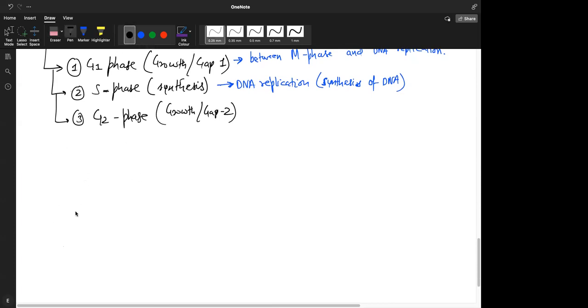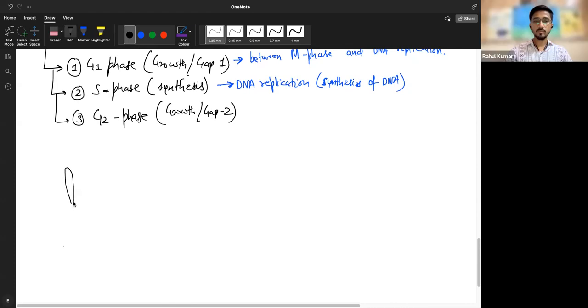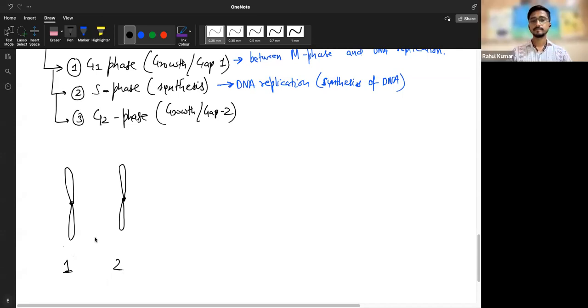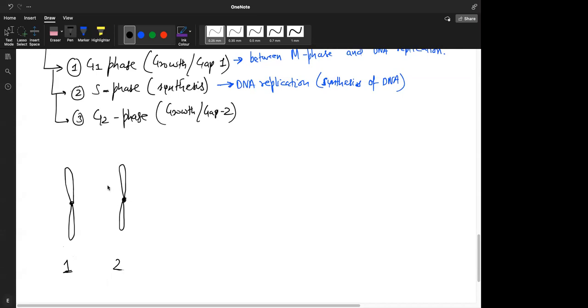Let's do it again. This is chromosome 1. This is how a chromosome is. And this is chromosome 2. How many chromosomes do you see? 2. How many chromatids do you see? 2.